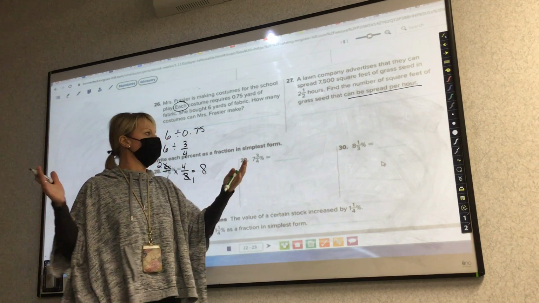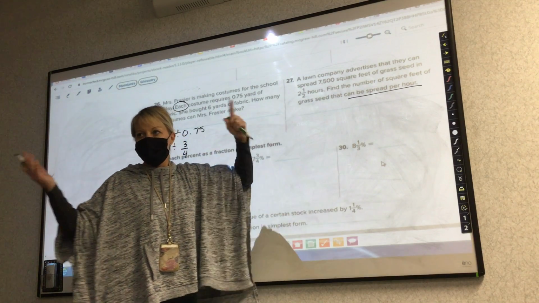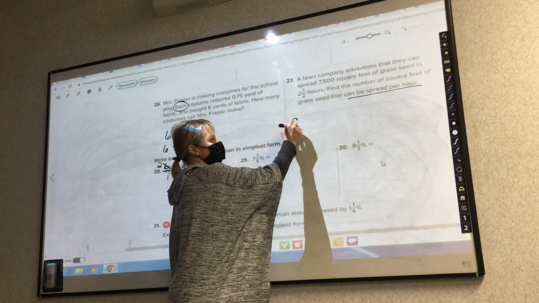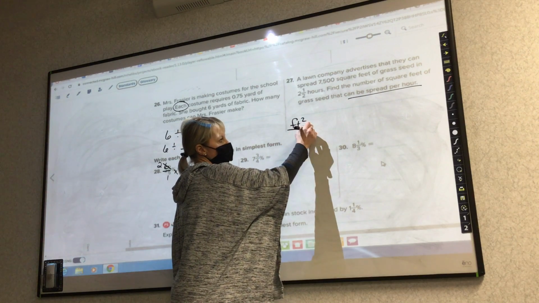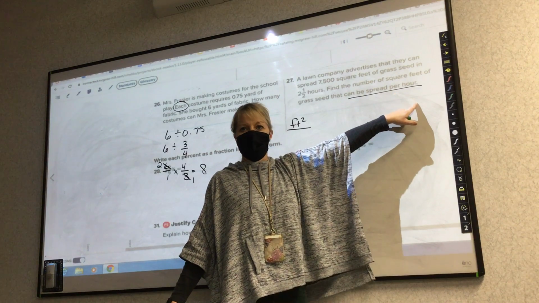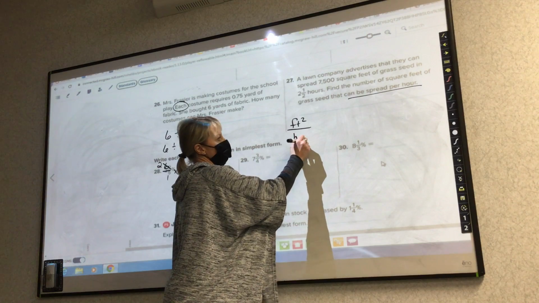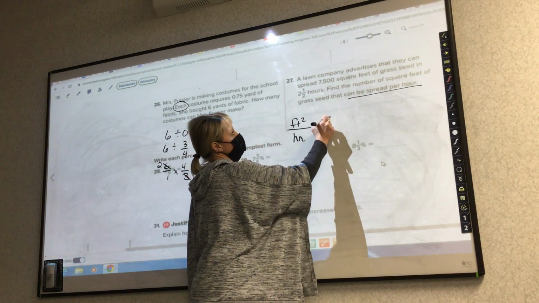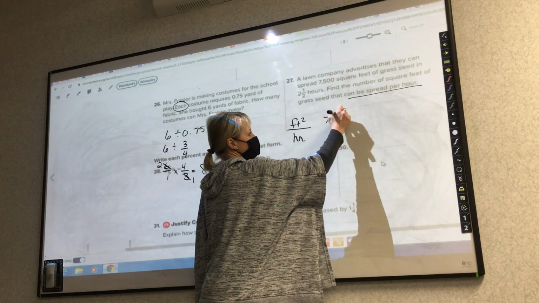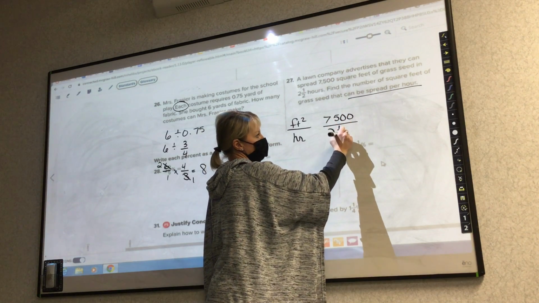Either way, it's fine, because it says how many square feet of seeds. So we can just put square foot on top, per, then right here it'll tell me what I do on the bottom, per what? Hour. So then I fill in my 7,500 over 2.5.